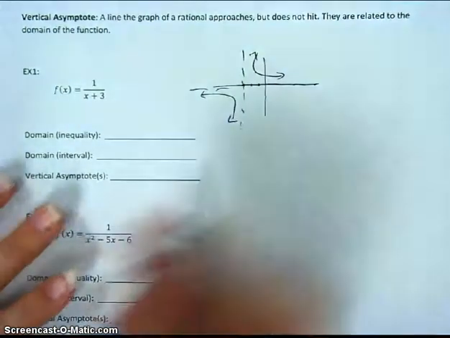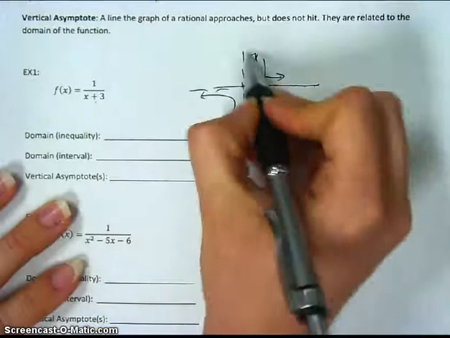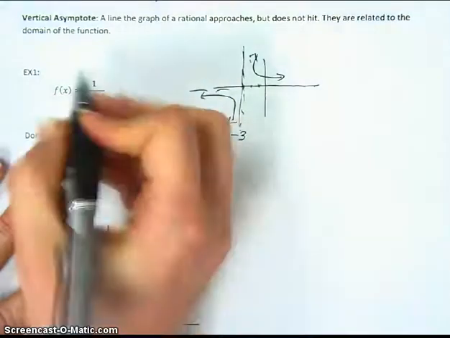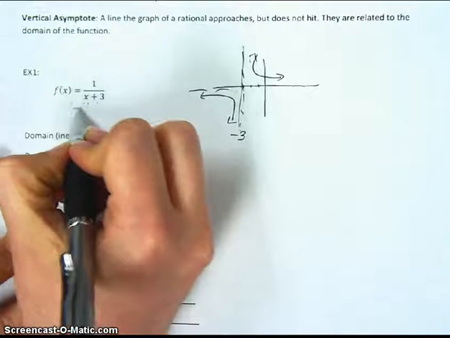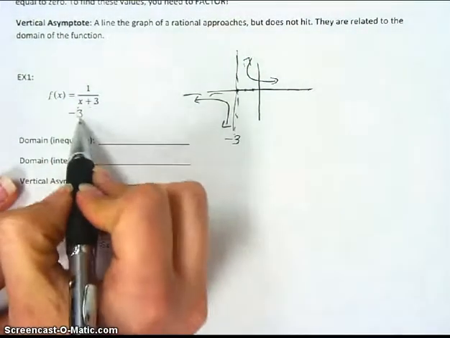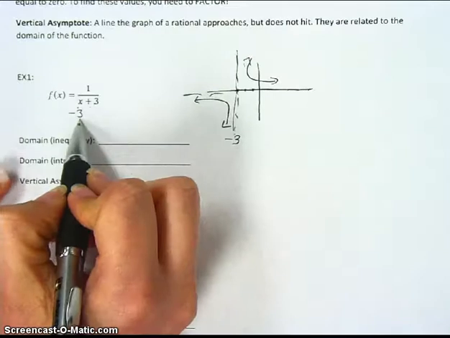Okay, knowing this, we know that our domain is everything but where x is equal to negative 3. And if you notice, if we were to plug negative 3 into my equation, that would make my denominator 0. So negative 3 is where we cannot have an x value.